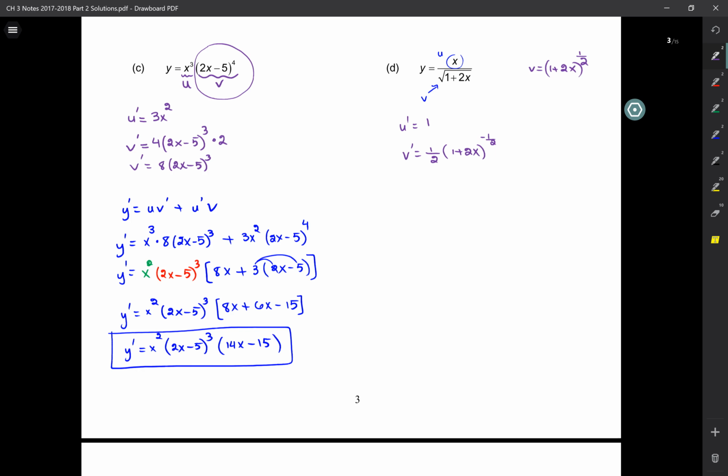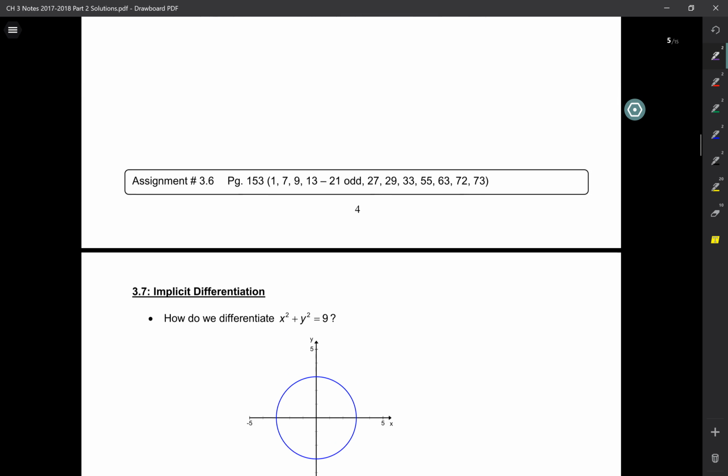Okay. Let me tell you which part of this to do for homework, because I won't see you again until Monday. On Haiku, you will see that I have said that for Monday, assignment 3.6 part 1 is going to be due.